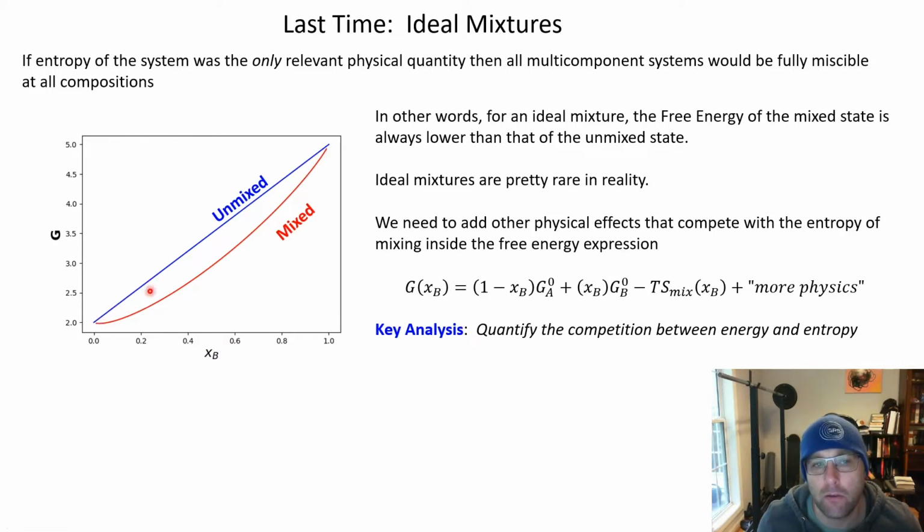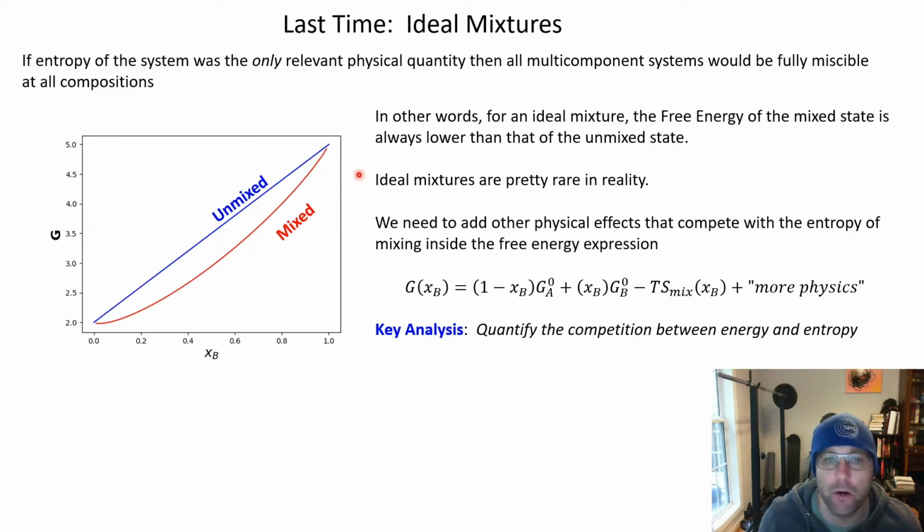So in an unmixed state, the free energy is just a linear function of the composition. In a mixed state, the linear function is corrected by subtracting off T times the entropy of mixing. And so you get a curve that's at every point lower free energy than the unmixed state, and that's the red curve here.